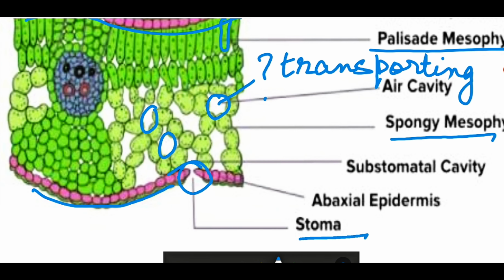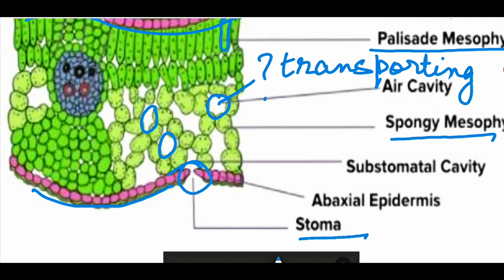This lower layer has small pores which are known as stomata, whose function is to diffuse gases. It helps water and carbon dioxide to move in or out.